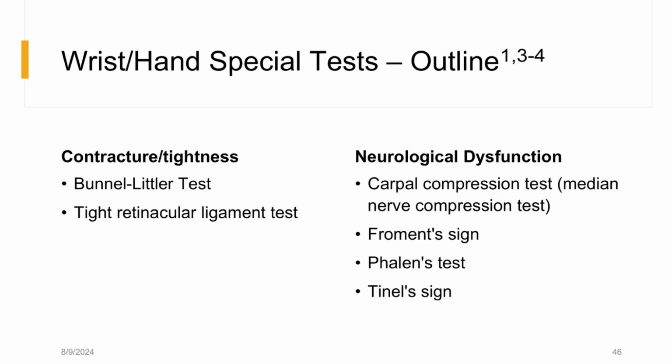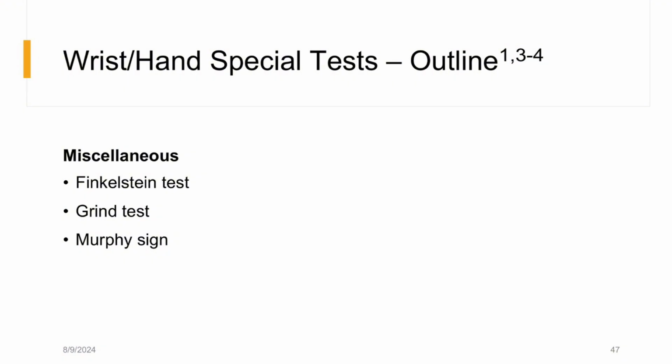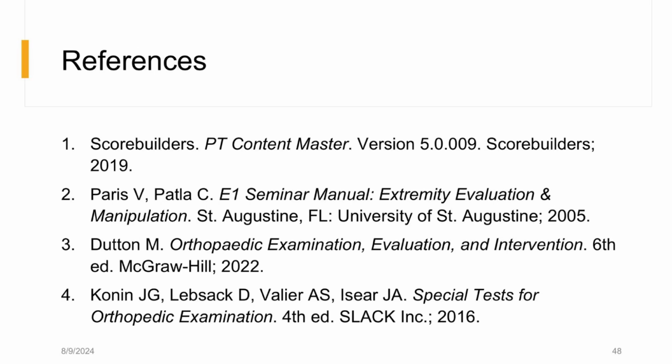For neurological dysfunction, for nerve involvement, the carpal compression test, which is a median nerve compression test, Froment's sign, Phalen's test, and Tinel's sign. And Finkelstein test, we'll go through this. Grind test, Murphy test. References.